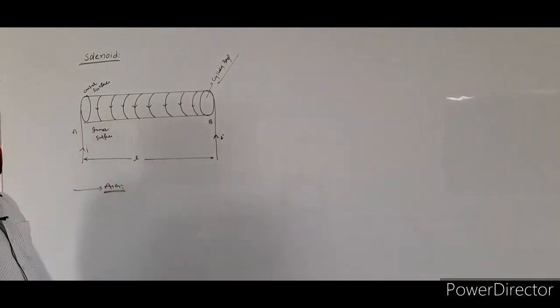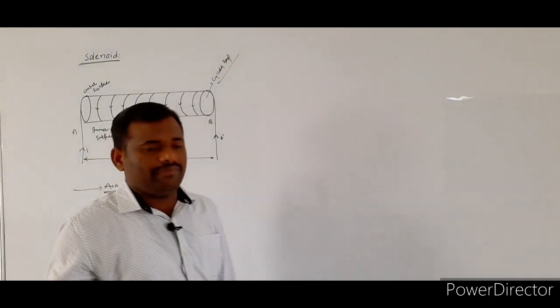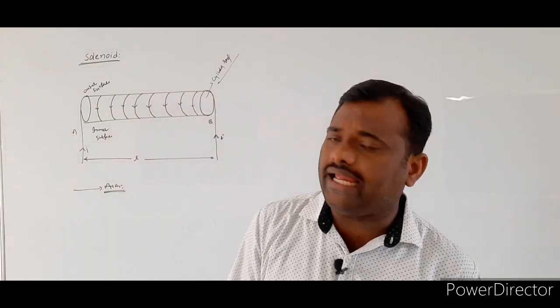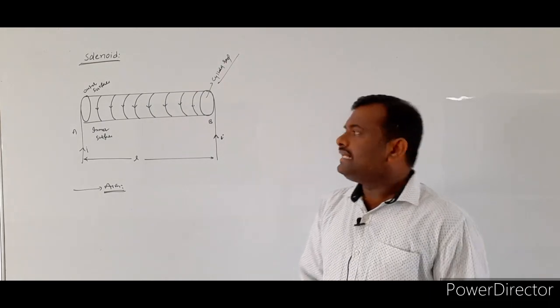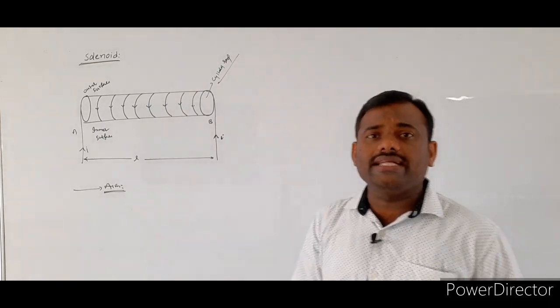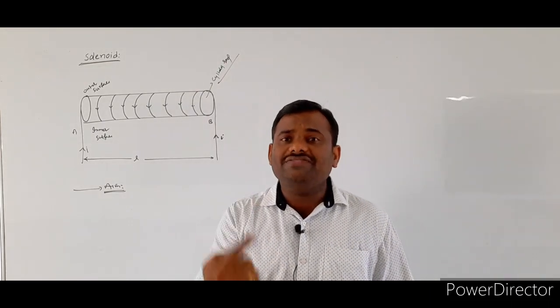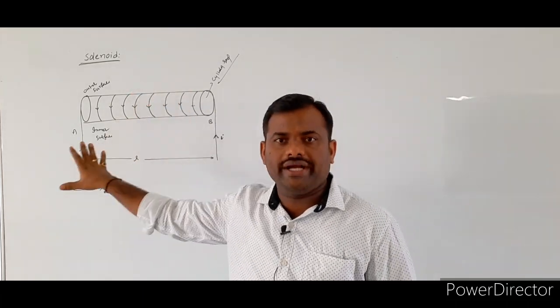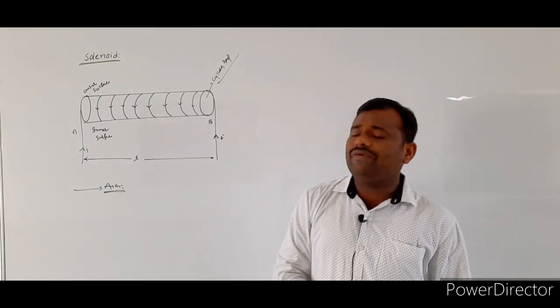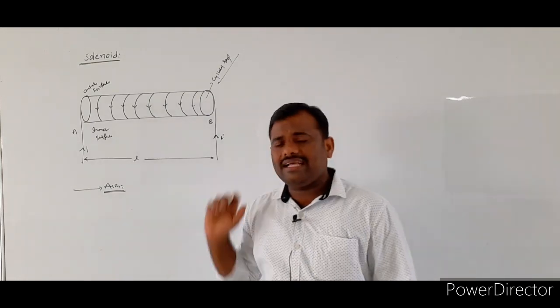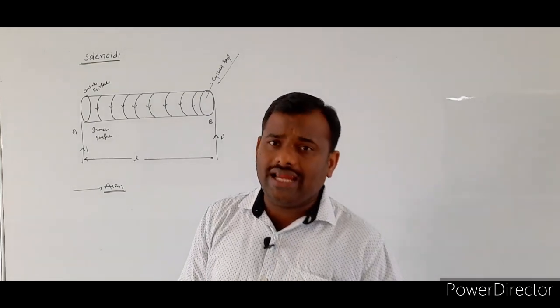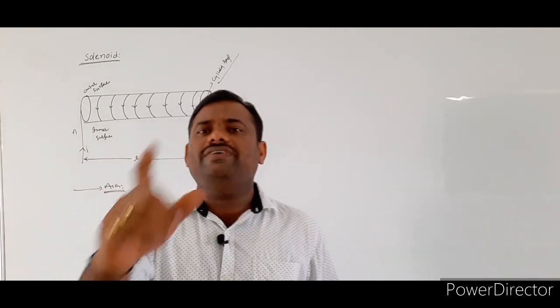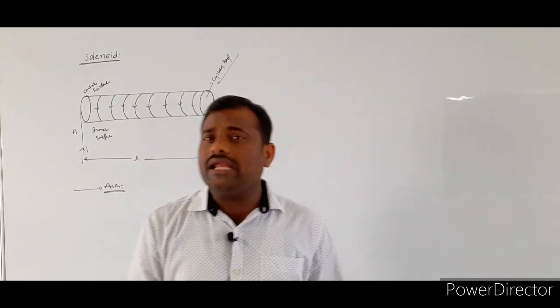So what is the purpose of considering the solenoid here? We have to calculate the resultant magnetic field intensity, which is produced by the given solenoid. So here we are saying that we are going to calculate the resultant magnetic field intensity.